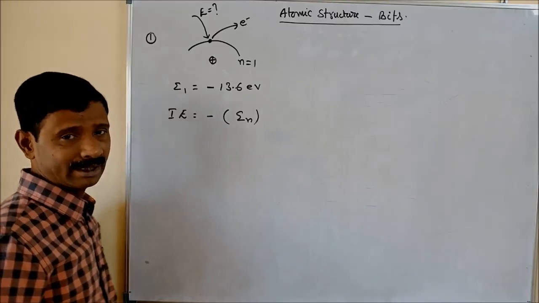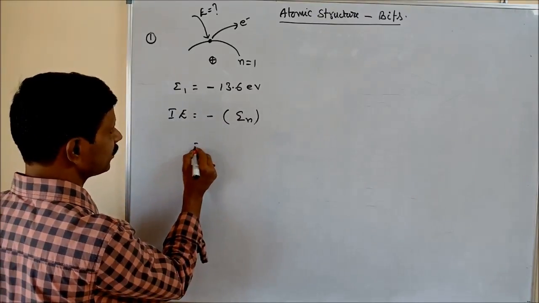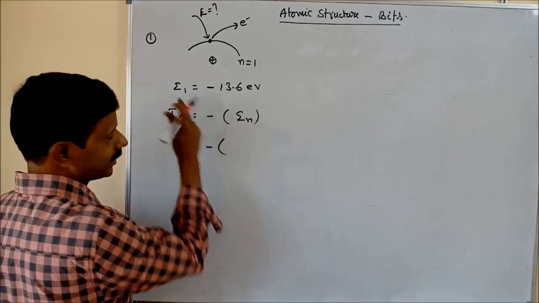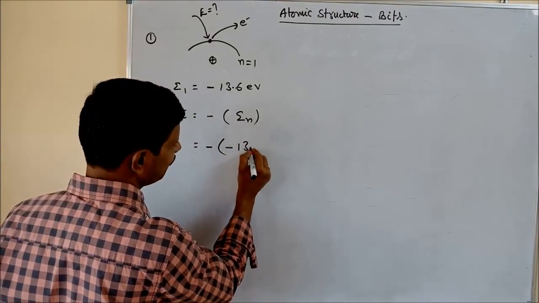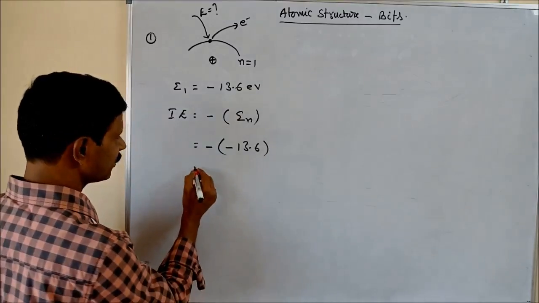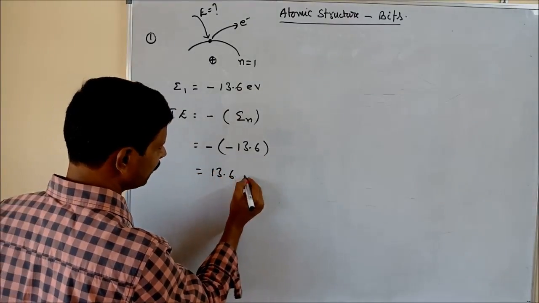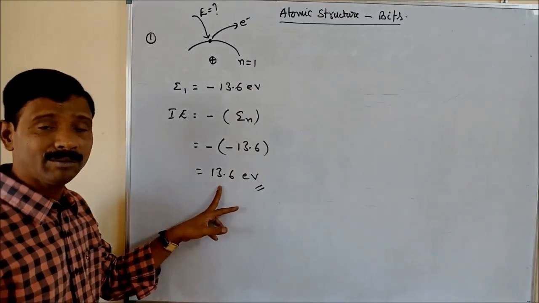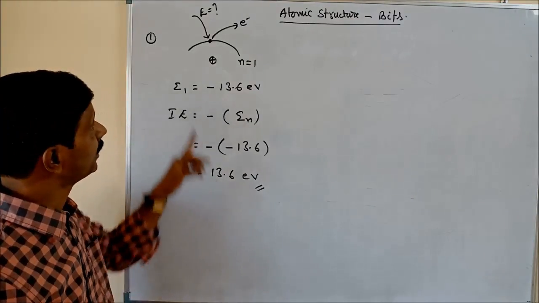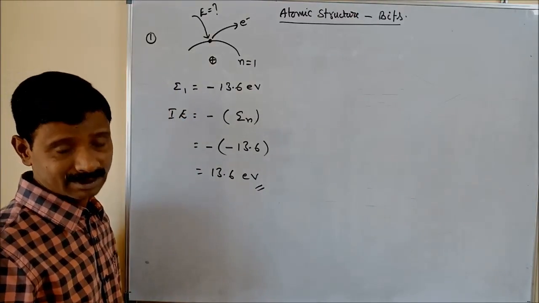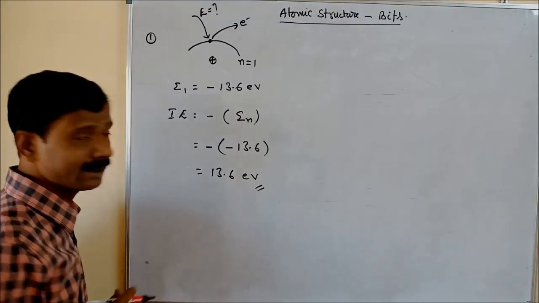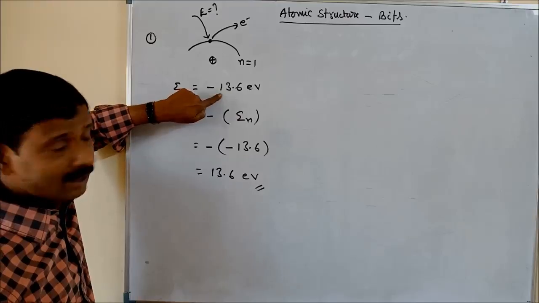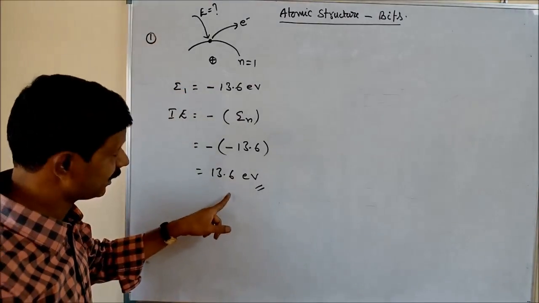So minus of minus 13.6 becomes 13.6 electron volts. This is the minimum energy required to remove that electron from the first orbit. Here, the energy of the electron is minus 13.6 and the energy required to remove it is 13.6.